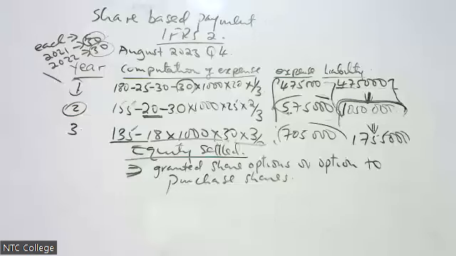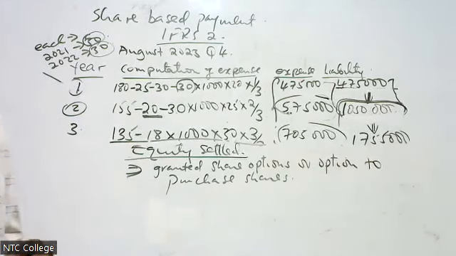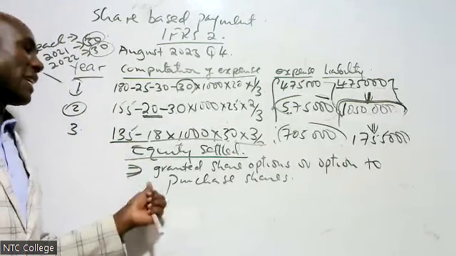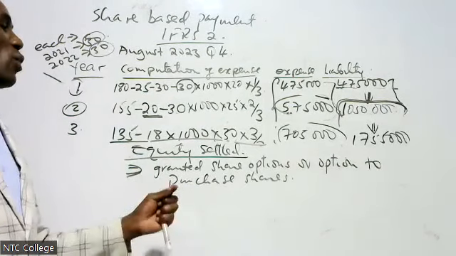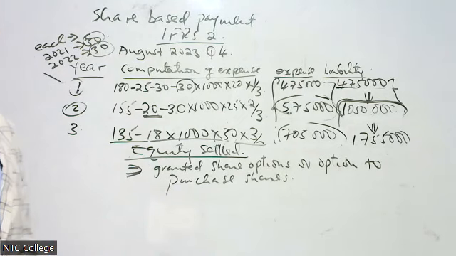That is equity settled. It means you are going to receive shares. If the examiner tells you the company granted share options to its employees, that is equity settled because the employees will get shares.